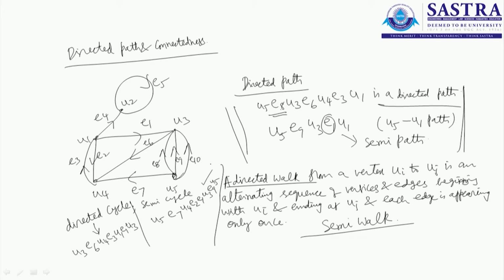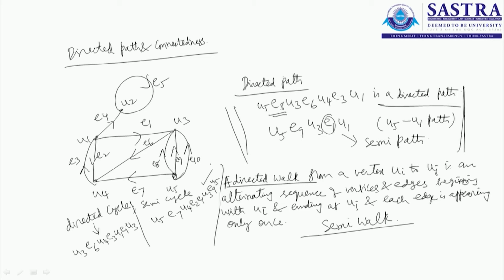So with respect to directed graphs, I will have two types of definition. One will be called the directed path, directed circuit or directed walk. The other one would be the path, circuit and walk associated with the undirected graph corresponding to the given directed graph.